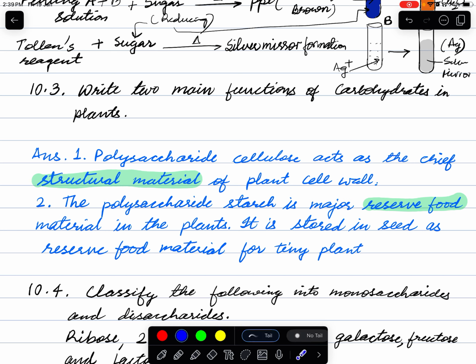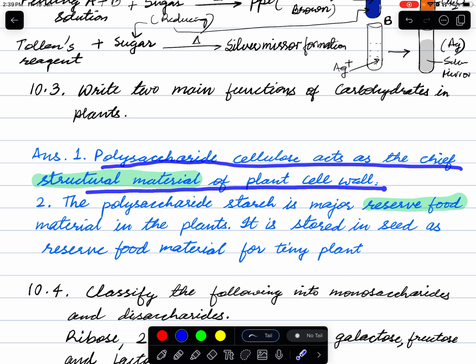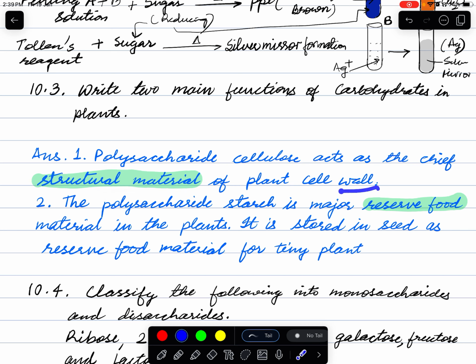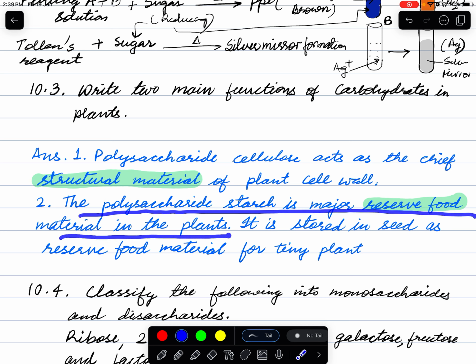The polysaccharide cellulose acts as the chief structural material of the plant cell wall. Okay, that means the plant cell wall is made up of the polysaccharide cellulose. Second point, the polysaccharide starch is the major reserve food material in plants. So food reserve is in the form of what?